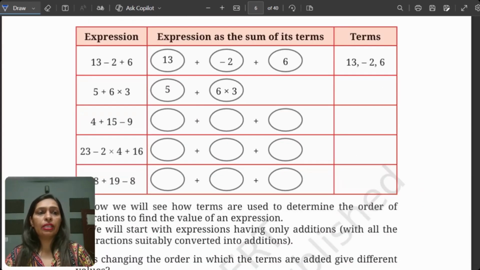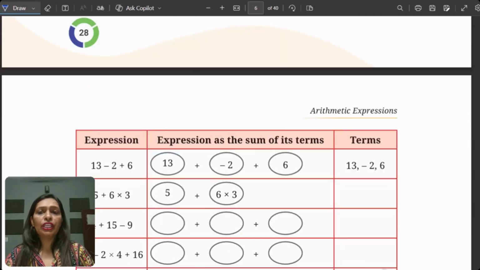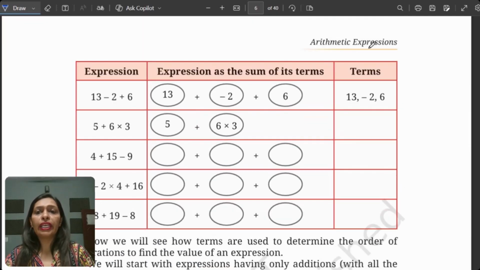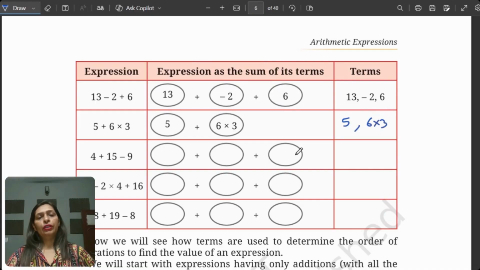So see, this table is given already to us, which we need to fill up on page number 29. So let's have a quick completion of this table. This first one is already done for us. So what are the terms here? They already circled. So here in the second part, it is going to be 5 comma 6 multiplied by 3, you can write.